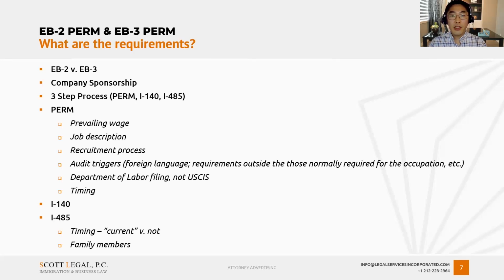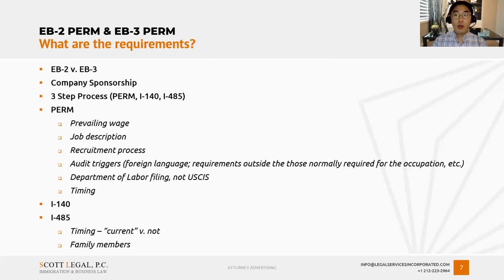A PERM case basically has a three-step process. First, you need to create a detailed job description and requirements and submit the prevailing wage application to the Department of Labor. They will review it and allocate the appropriate occupation title and salary amount for the proposed position. Then the company has to go through the recruitment process in the real market.